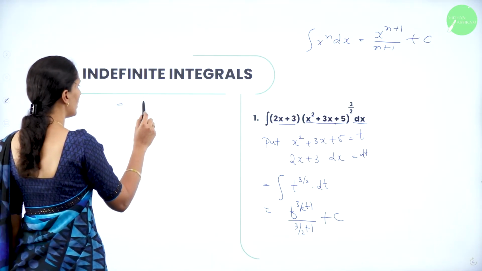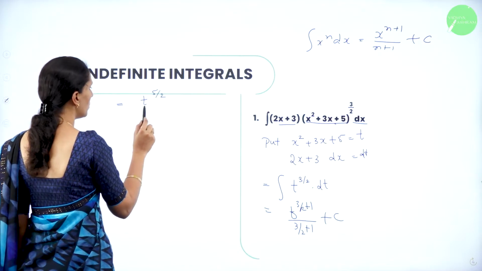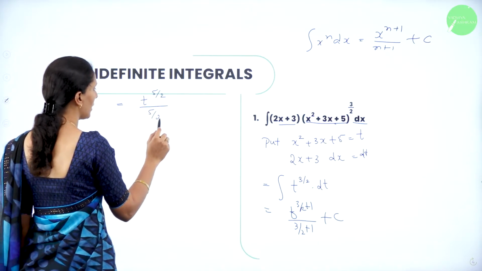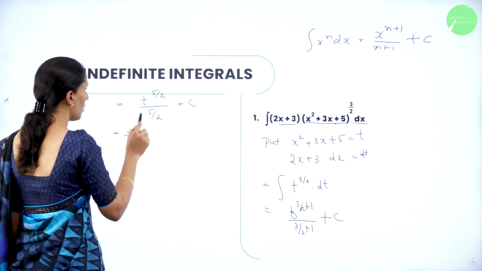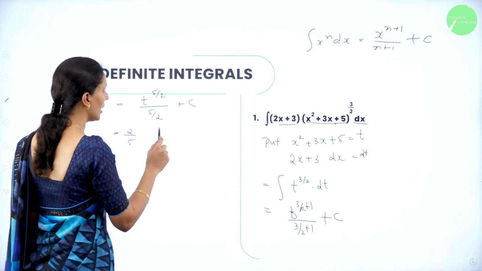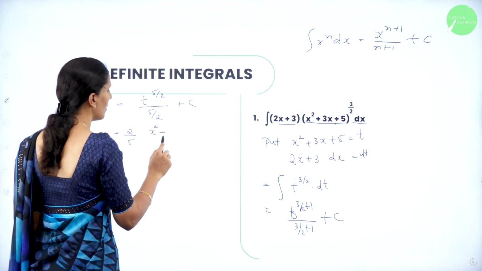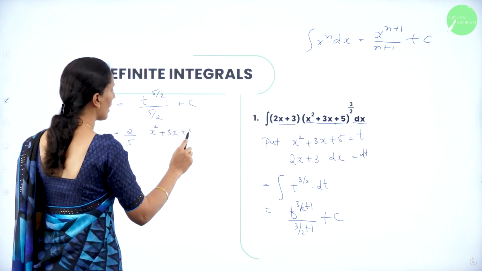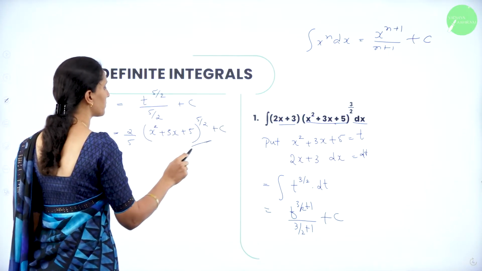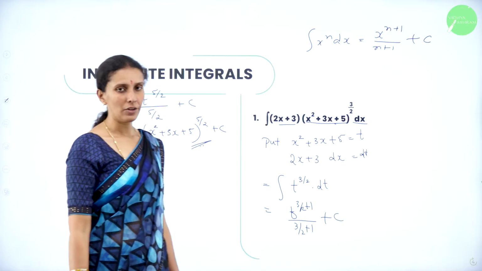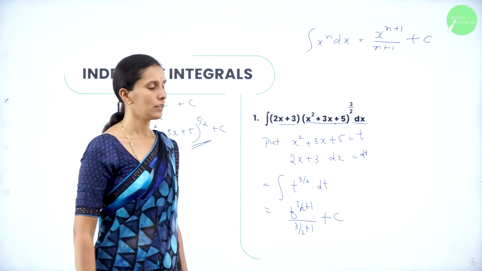So therefore, t to the power 5 by 2 and here it is again 5 by 2 plus c. I'll write 5 by 2 as 2 by 5. What is the value of t I have taken? It is (x square plus 3x plus 5) whole to the power 5 by 2 plus c. This is the value of the given integral.